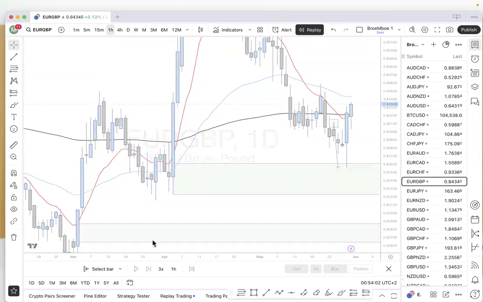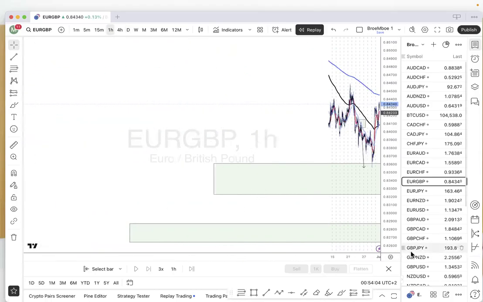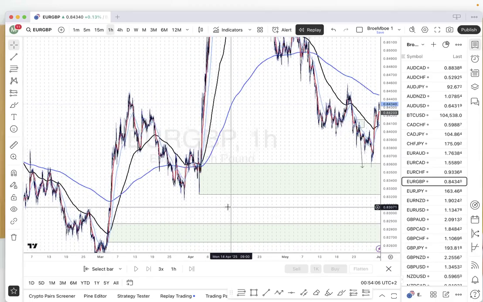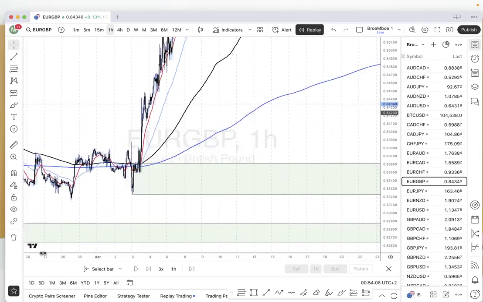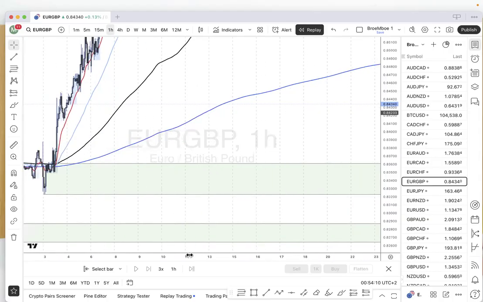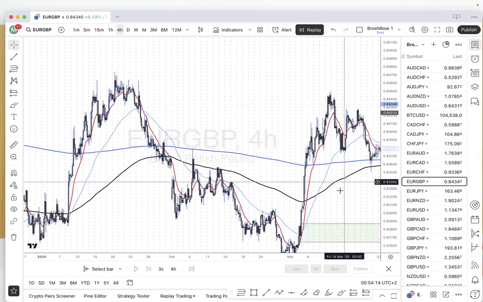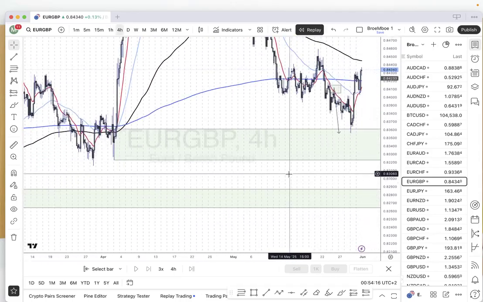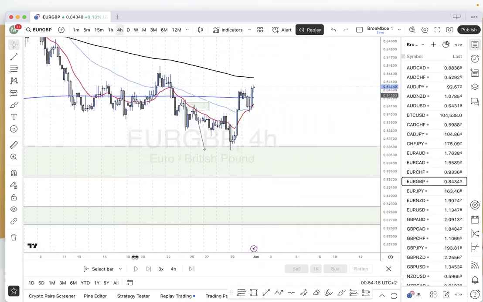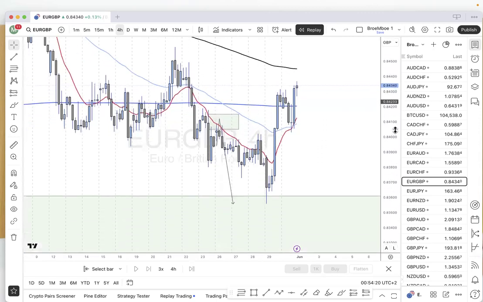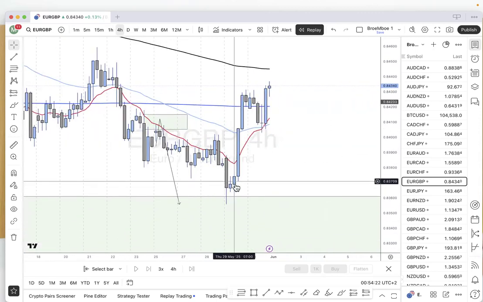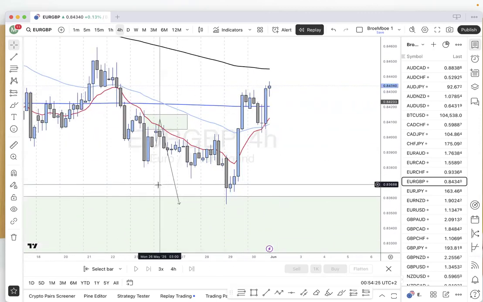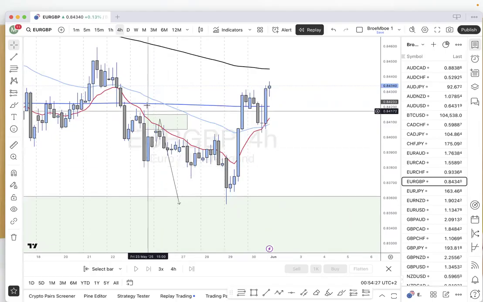Let's just see. Yeah, it's the 4-hour. I had marked it off from the 4-hour, and that's what I anticipated. At the start of the week, I wanted to see it sell, and then we'd see a midweek reversal to buy from there.